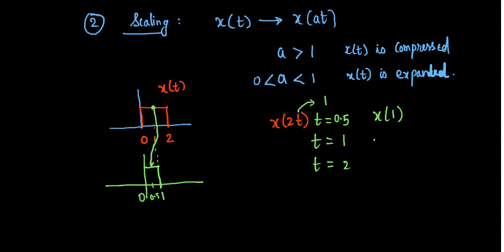If t is 1, that means at this point you must have the peak of x at the 2 instance here, and so on. Got this? How many of you didn't get this? Okay, I'll come back to that. Repetition is good, no problem.